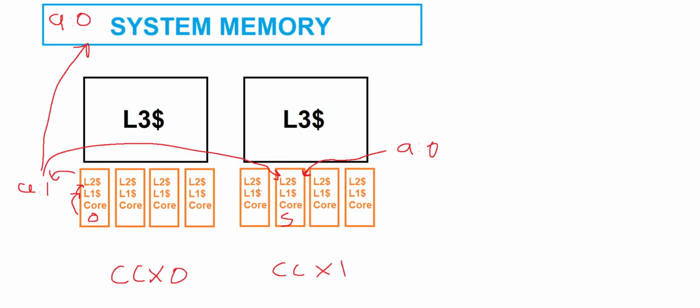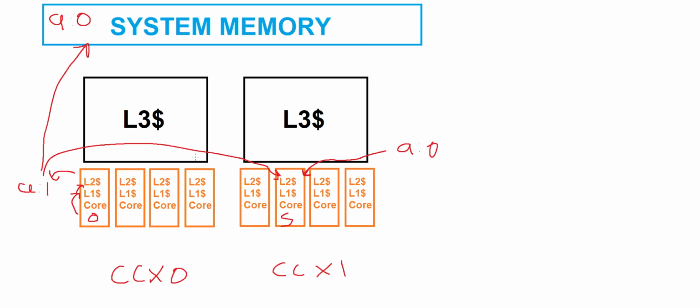However, it's not very clear whether data is actually being transferred directly from one core to another. Based on testing done mostly by AnandTech, the latency of what they measure between two different cores is actually the same as the memory latency when you go off the CCX.